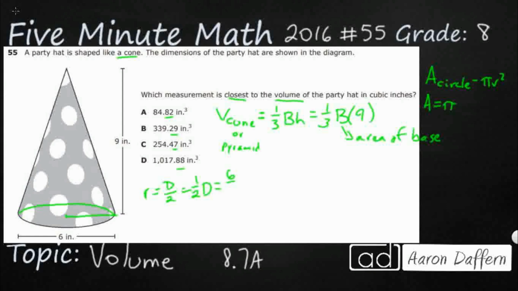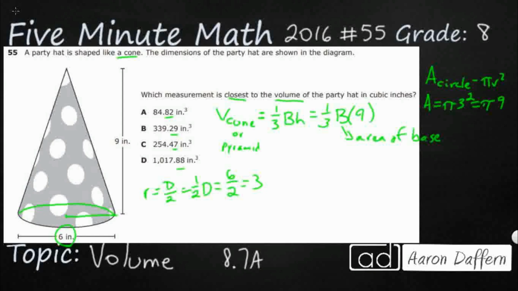So I'm just going to make it a fraction. We're going to take our diameter of 6, which they give us, divide it by 2, and there we go. All right, so that's a radius of 3. So pi times 3 squared. 3 squared is not 3 times 2. That means 3 times itself, so that's just going to be 9.